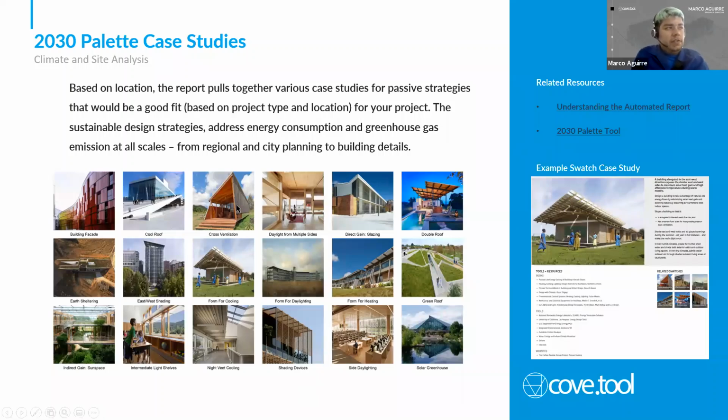If you're curious about any of those in the climate report, you can also click them and they're hyperlinked to a more in-depth case study where you can see a quick breakdown of how that strategy works, other projects that have used that exact strategy, and then a list of resources, tools, other things you can check out so you can figure out, is this a viable option for our building? And it's a really great reminder of what the possibility and potentials are of incorporating more past strategies or just more intelligent strategies that are responsive to climate conditions in your building design.